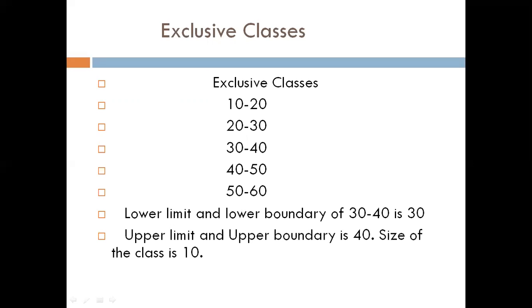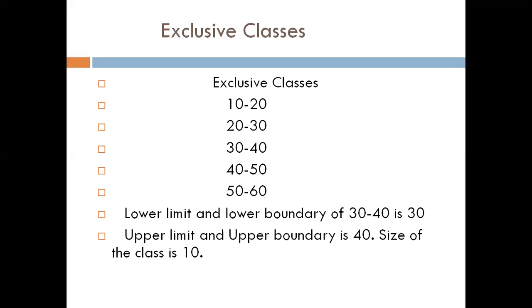The second number in the first class interval is 20, and the lower limit of the second class interval is also 20. In such a case, we say these are exclusive classes, because 20 is not included in the first class interval; 20 is included in the next class interval. So 20 is excluded in the first. That is why these kinds of classes are called exclusive classes.